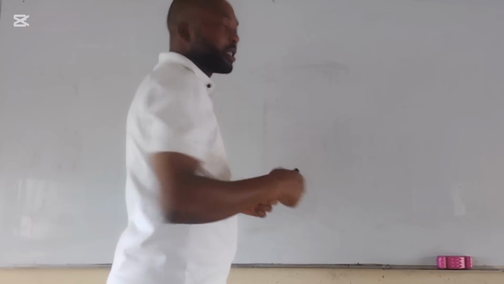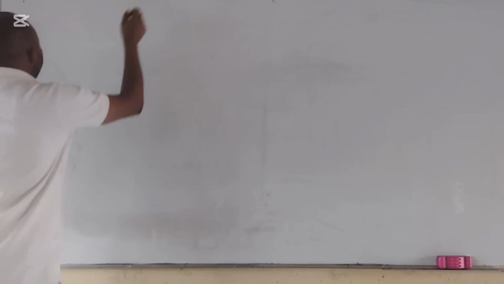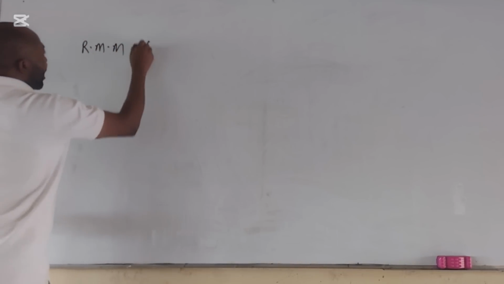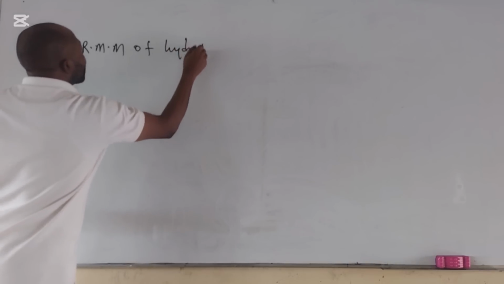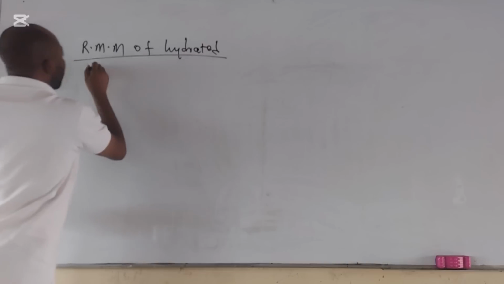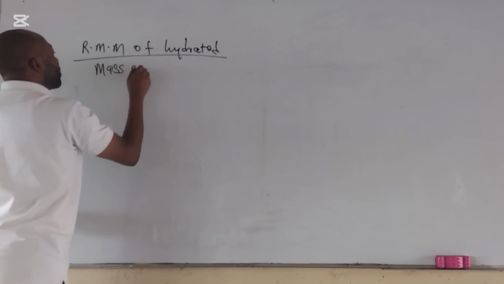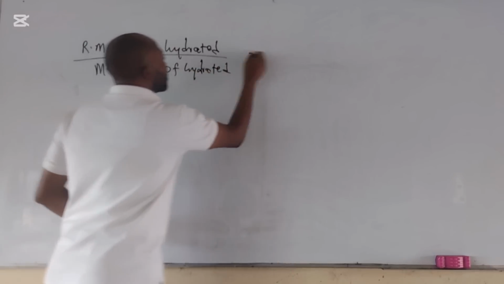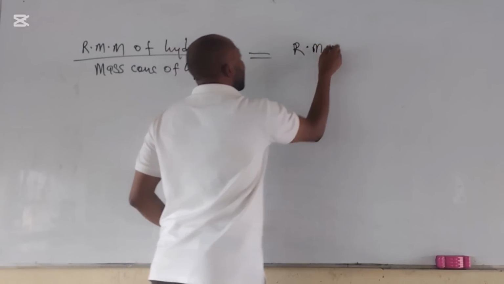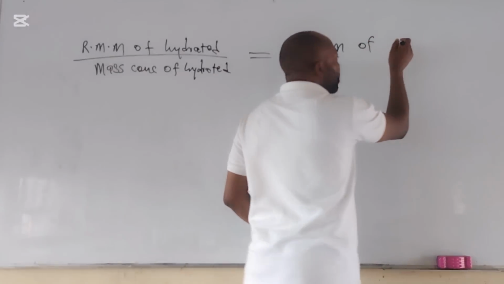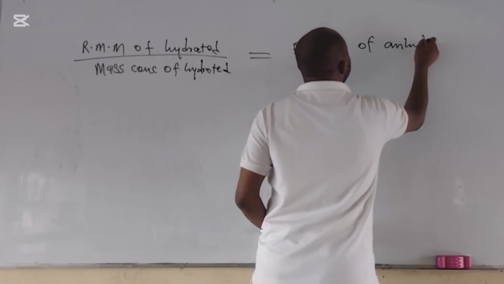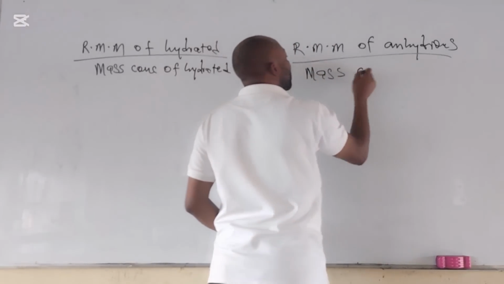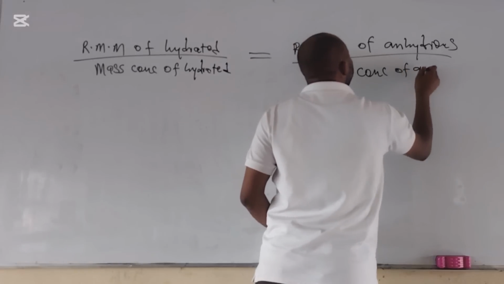In the formula, we have the relative molecular mass of the hydrated over the mass concentration of hydrated is equal to the relative molecular mass of anhydrous over the mass concentration of anhydrous.